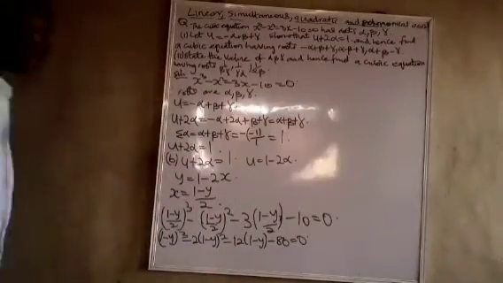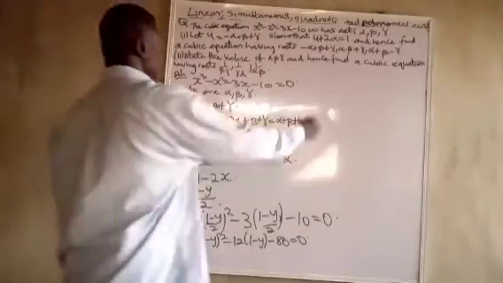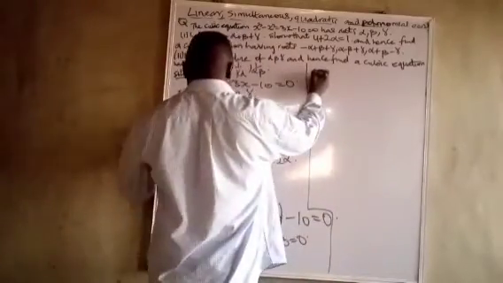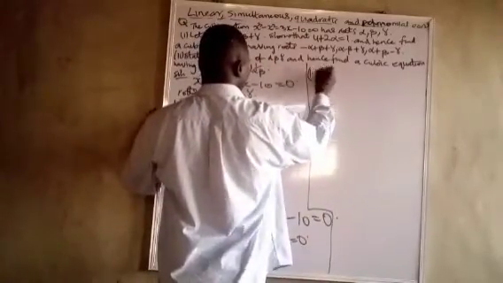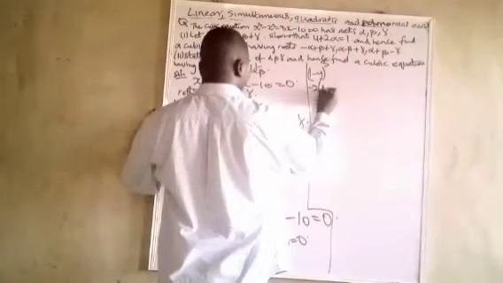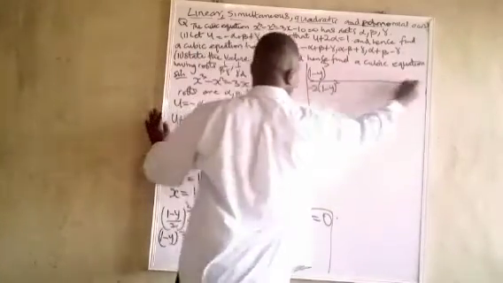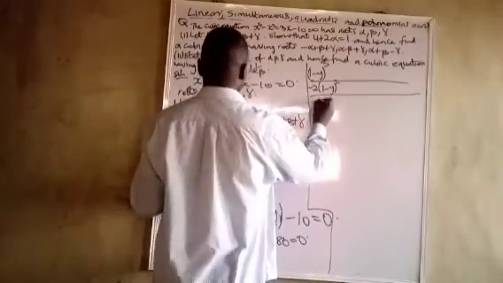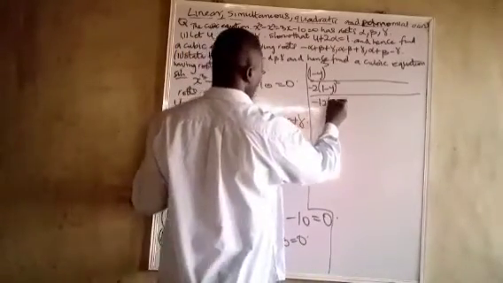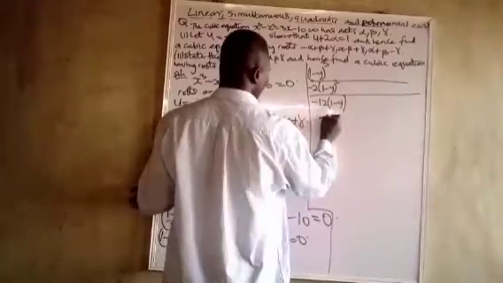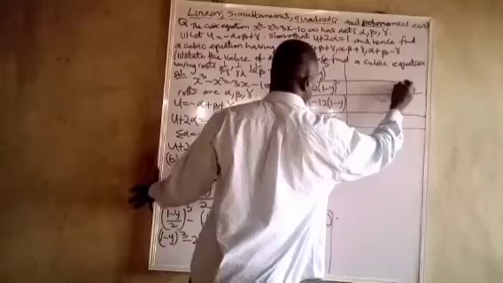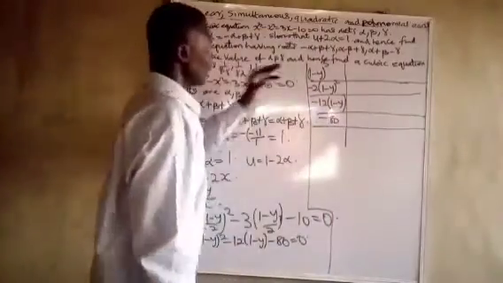Now let me arrange it and bring out the equation. (1 minus y) cubed minus 2 into (1 minus y) squared minus 12 into (1 minus y) and minus 8.